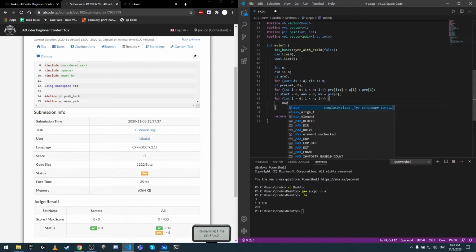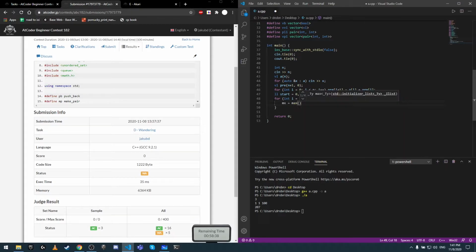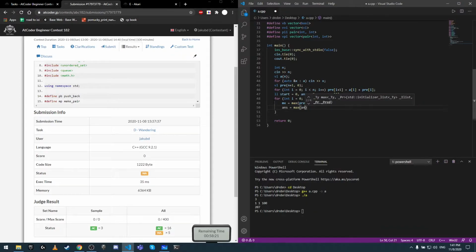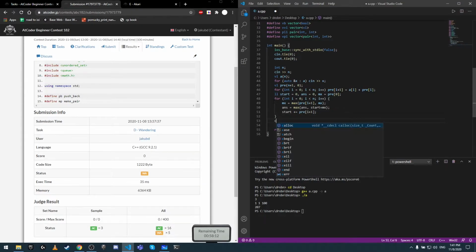Okay, so maximum equals maximum of pre-I plus 1 and maximum, right? Now answer equals maximum of ans and start plus maximum, and start plus equals prefix I plus 1, and then just print the answer, right?